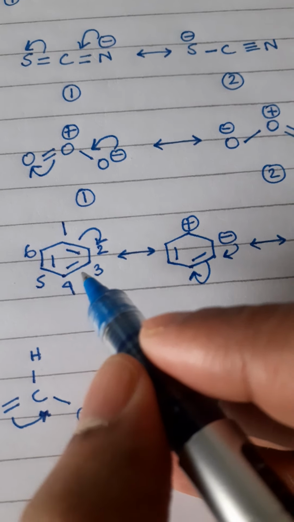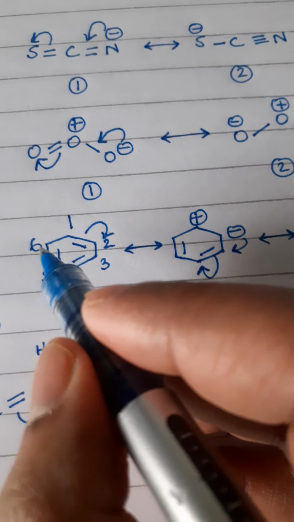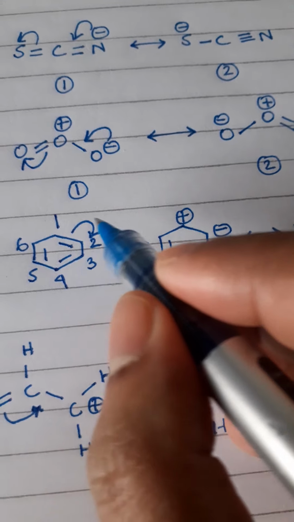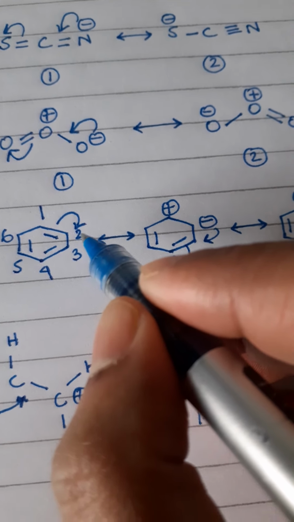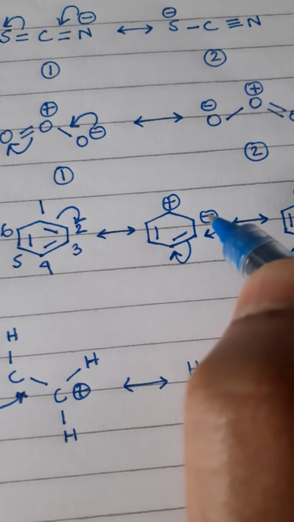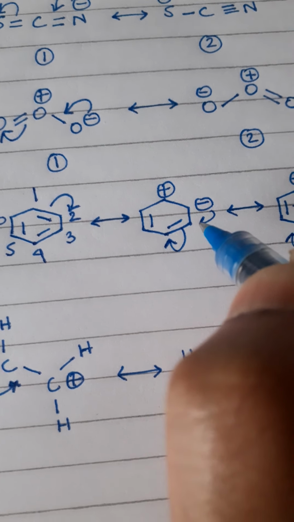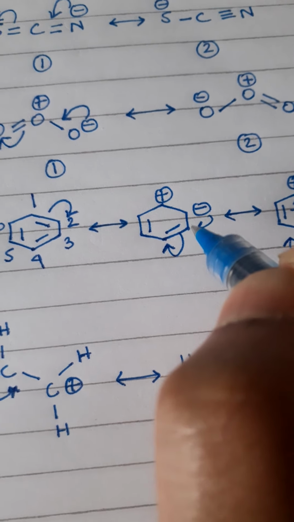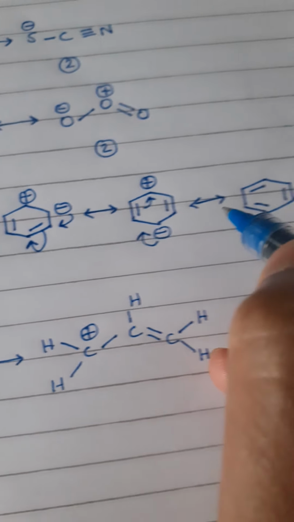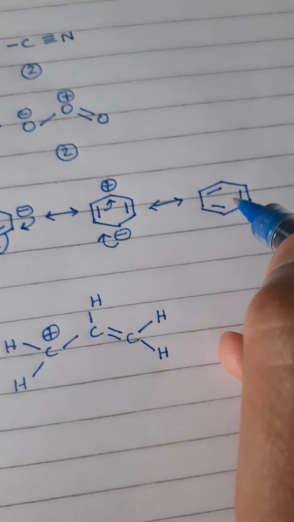So 1 2 position, and then 3 4 position, 5 6 position, these pi electrons are present. If the pi electron comes out to the 2 position, then the 1 position gets positively charged and the 2 position is negatively charged. Now this electron moves to the 3 position and the 3 electron goes to the 4 position. In this way the position keeps changing.